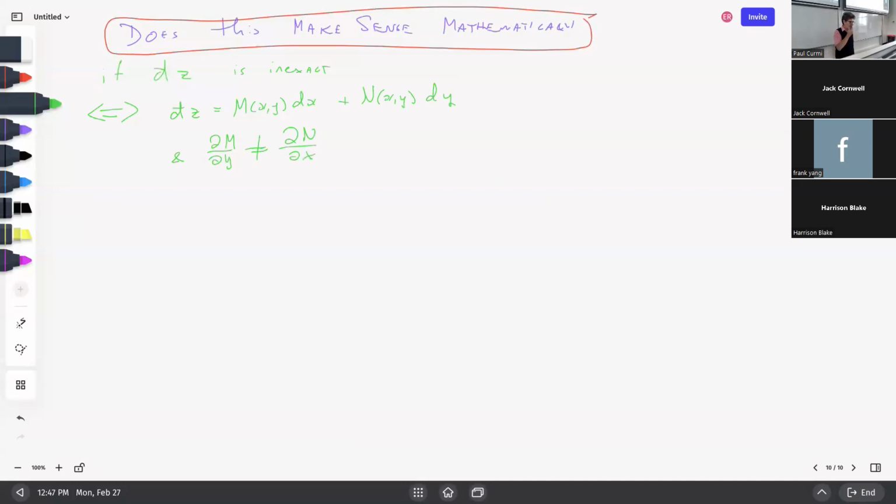Okay, so for something to be inexact, that's how it behaves.